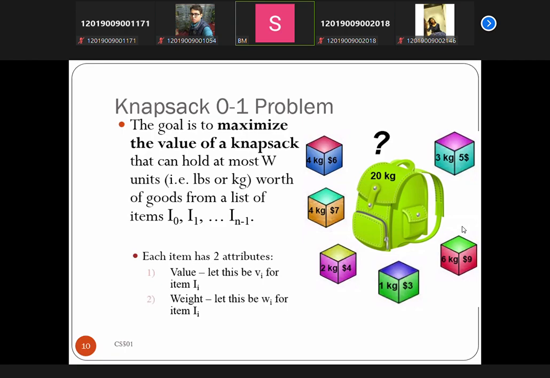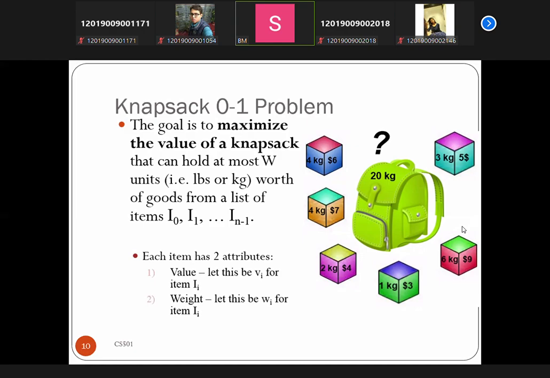You have some element, you cannot take a fractional amount out of it, you need to take it as a whole element. Now, 0-1 knapsack is not at all a greedy problem. The way the algorithm is designed, it is a dynamic approach.